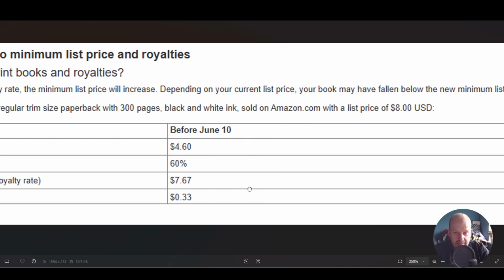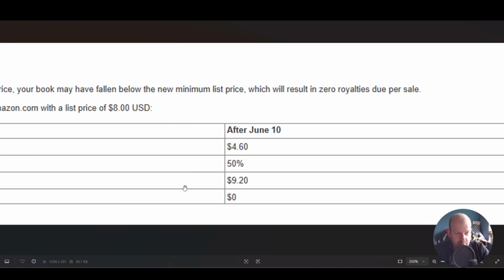So after June the 10th, this is what happens. The printing cost is still $4.60, but because it's at $8 rather than $9.99, you only get 50% royalties, and that figure there, $4.60 divided by 50%, so you're basically dividing it by 0.5 or doubling it, gives you a minimum list price of $9.20.